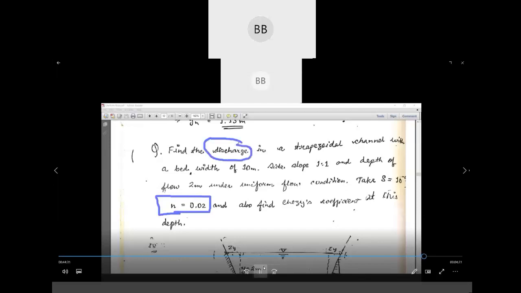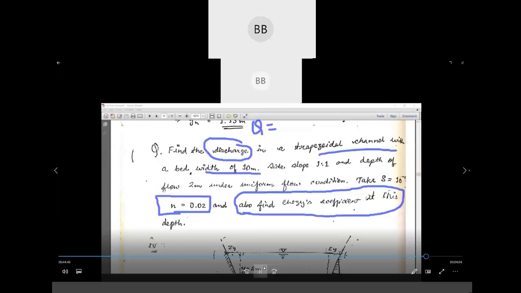After calculating discharge, you have to also find out the Sage's coefficient. That is the second part of your question. First you need to find out the discharge of a trapezoidal channel. The width of the channel is given 10 meter. Side slope is given 1:1.